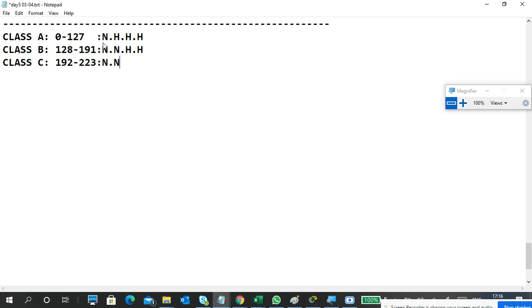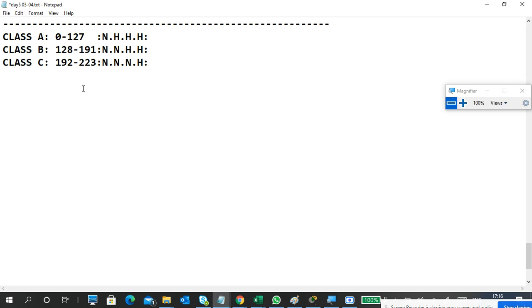In class C, the first three are the network portion and the last one is the host portion. So if you write a class A IP address, it means the first portion is the network portion and all the remaining are host portions only.